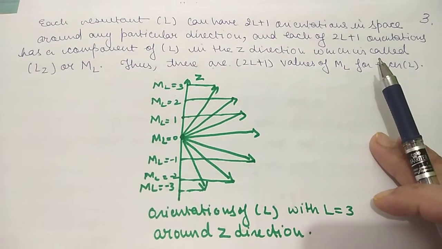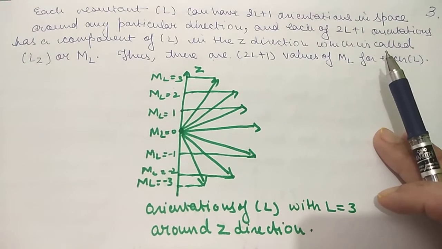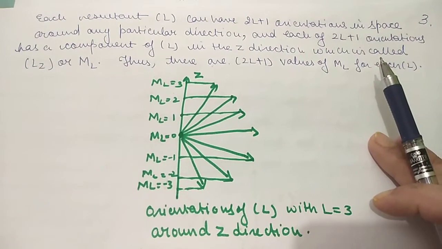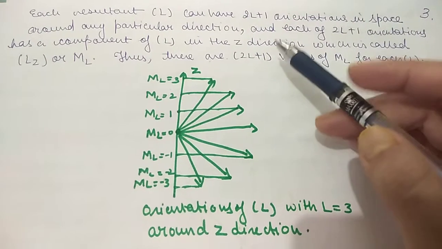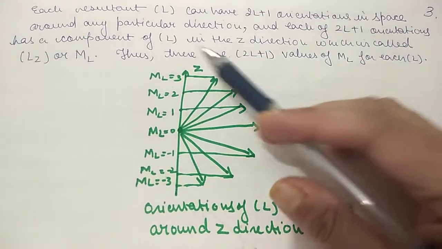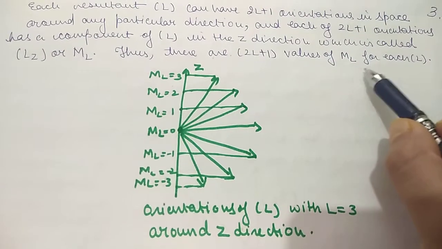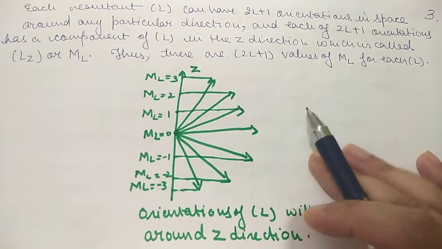The number of orientations is 2L plus 1 around any particular direction, and each of the 2L plus 1 orientations has a component of L in the Z direction, or any direction, but we generally take the Z direction, which is called LZ or ML. Thus there are 2L plus 1 values of ML for each L. There are 2L plus 1, this we have to remember.